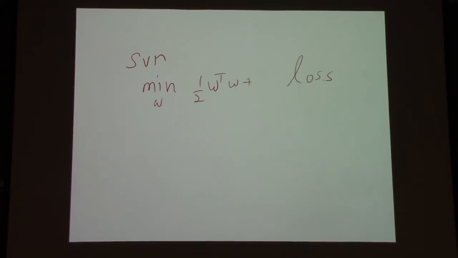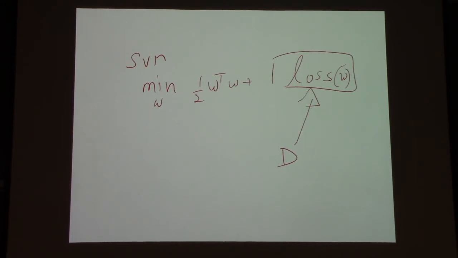There's some loss term, and the SVM says, let me write this as loss of W. Now, only the loss term is affected by the data set. Suppose the data set size was 0. What would the SVM pick? Which weight vector would it pick?